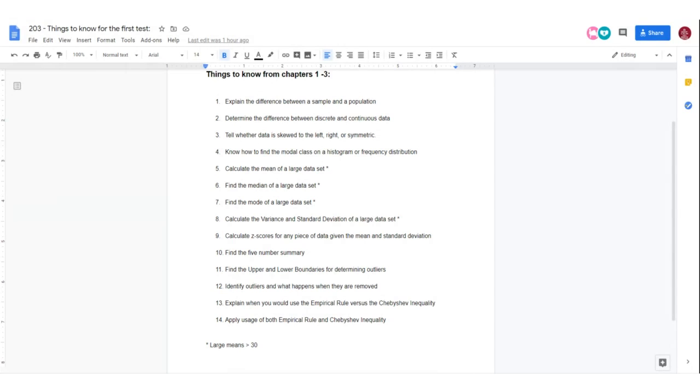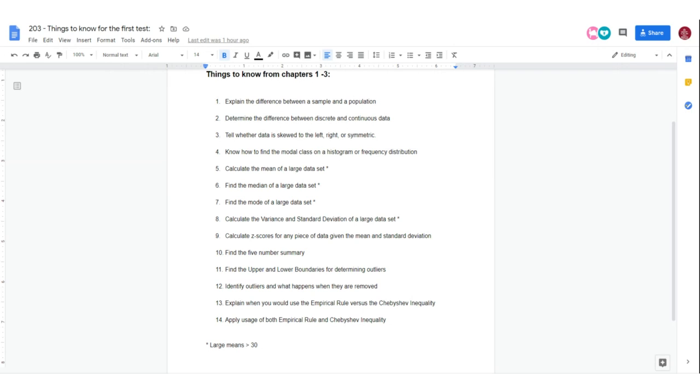Know the difference between discrete and continuous data. Be able to tell whether data is skewed to the left, skewed to the right, or symmetric. If you're looking at a histogram or frequency distribution, be able to tell what the modal class is. The modal class, remember, is the one that's got the most in it.